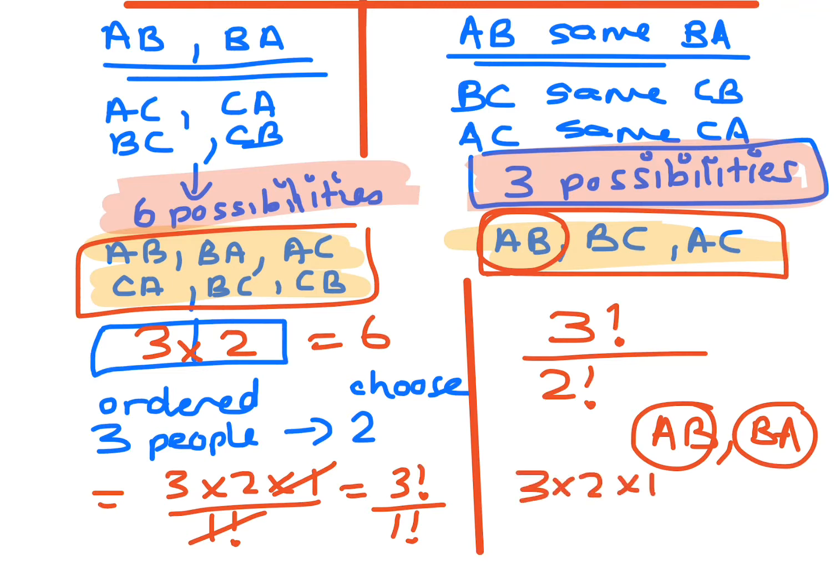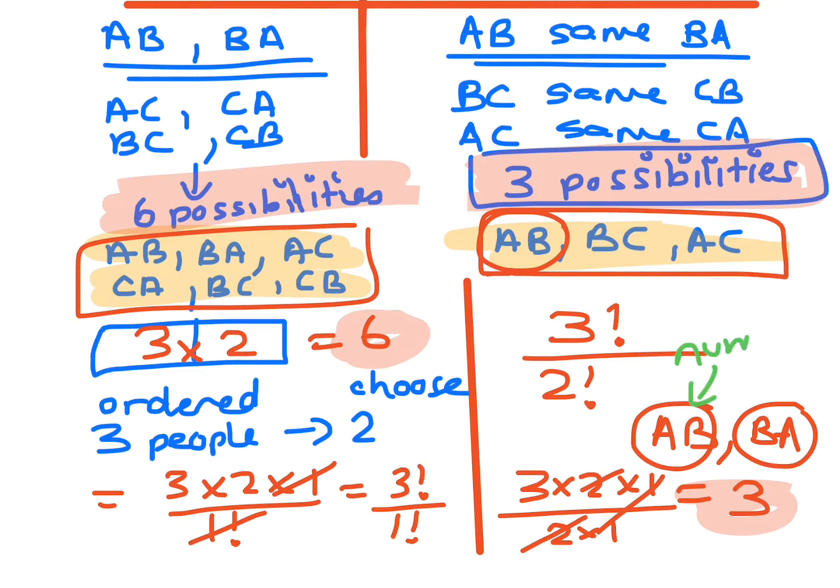And if you cancel this out, you end up with 3 ways, which matches what I have up the top here, that there was 3 ways for this one, and there was 6 ways for the other one. So it has just cancelled out the 2 factorial, and the 2 factorial is counting the number of ways within the pair that you picked.